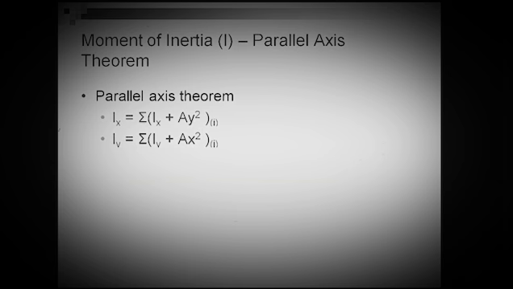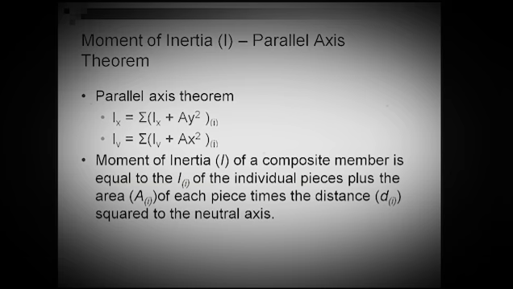And when do we use these equations? We use these equations whenever we are dealing with composite shapes. So moment of inertia I of a composite member is equal to I of the individual piece plus the area of each piece times the distance squared from the neutral axis.